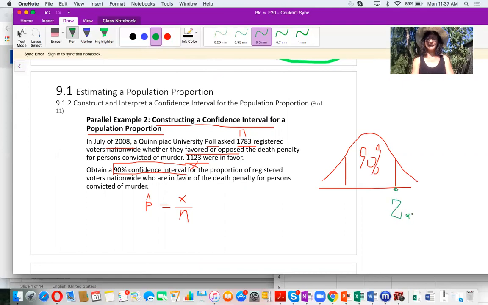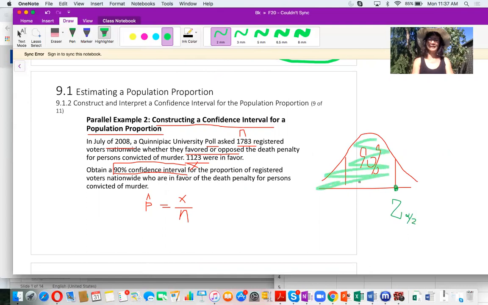When you have a 90% confidence interval, what is this point? To find this point, we need to find the area to the left of this point. We need to find this area. Okay, and it turns out this area is 95%. Why? Because each tail is 5%.